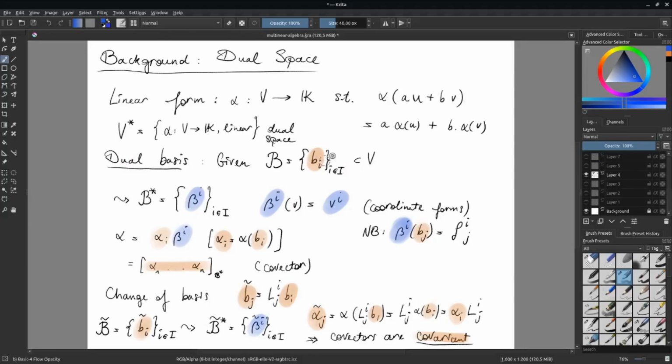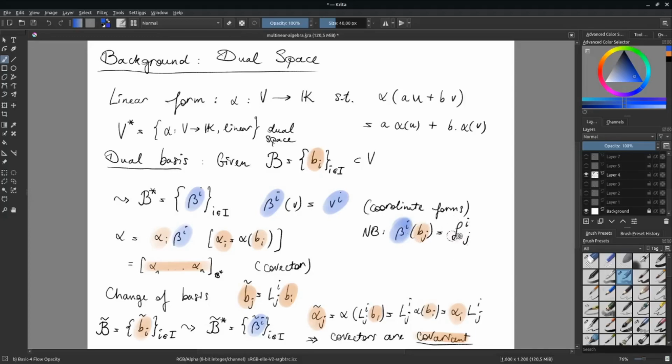If I take some basis of my original space, I can construct a basis of my dual space, beta i, with indices on the top. Simply, these beta i mappings work like this: if I apply it to some arbitrary vector v, that would just be the ith coordinate in the basis.